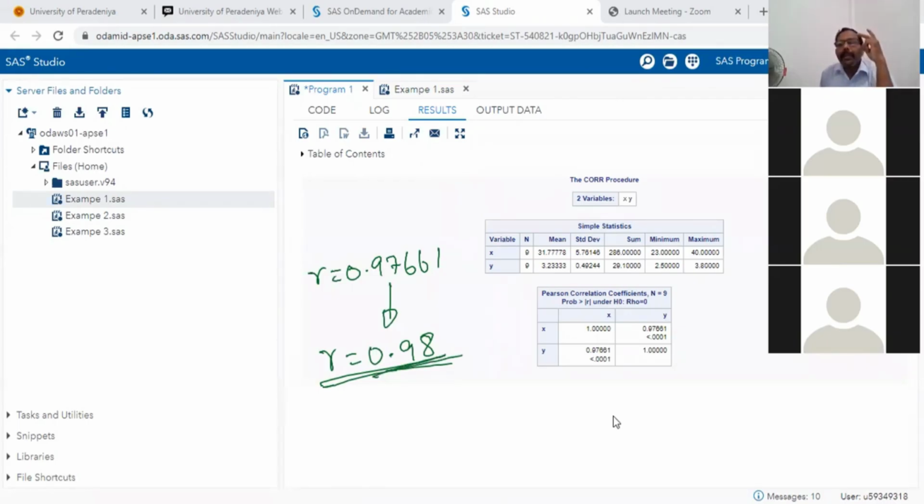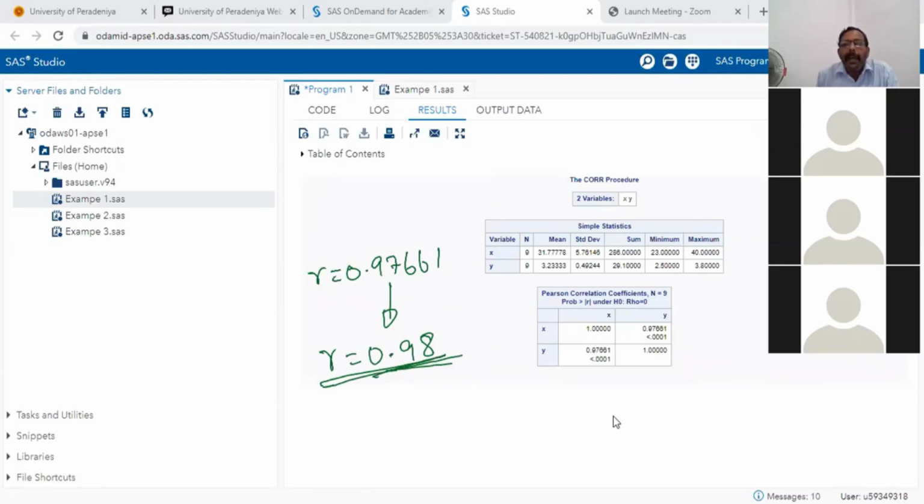Can you remember what is the possible range of value of R? Anyone? What is the range of value possible in any data? Range of possible values? No one?